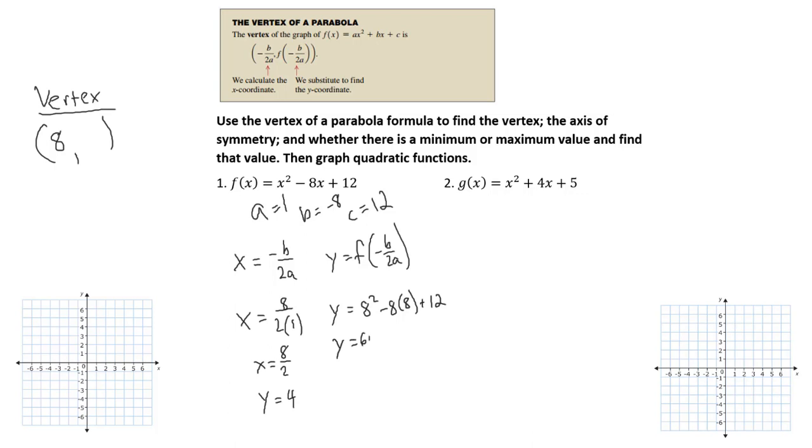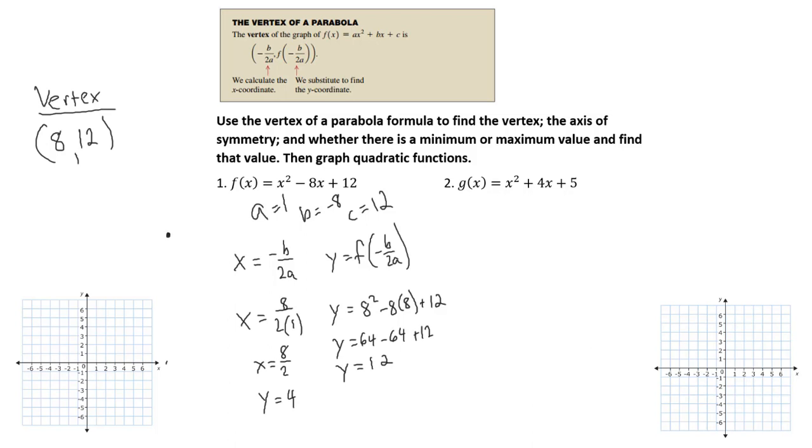So that's 16 minus 32 plus 12, which gives us -4. So our vertex is at 4, -4. So my graph doesn't really go up to that, but we can do it roughly, and it would be somewhere like right there.